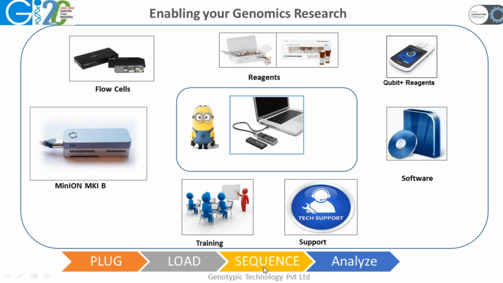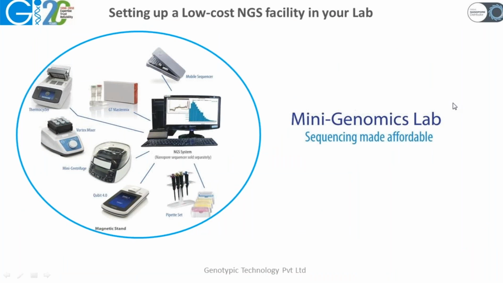And then we also have this mini genomics lab, which is very useful for many diagnostic labs, and we ourselves have installed quite a few systems across India. Nanopore sequencing needs only these few small equipments, and we can make it as a package, which makes it much cheaper for you, along with the training, and it can be installed.